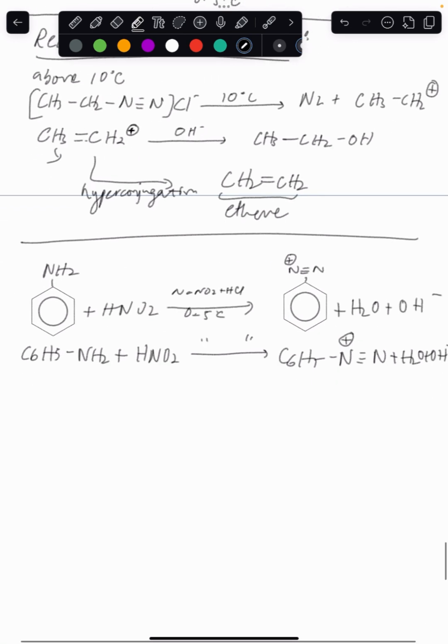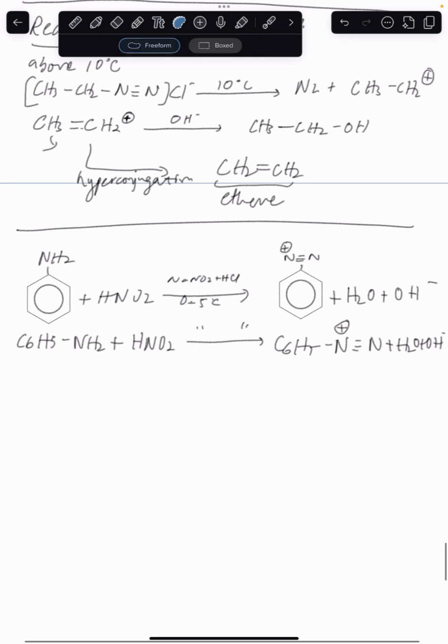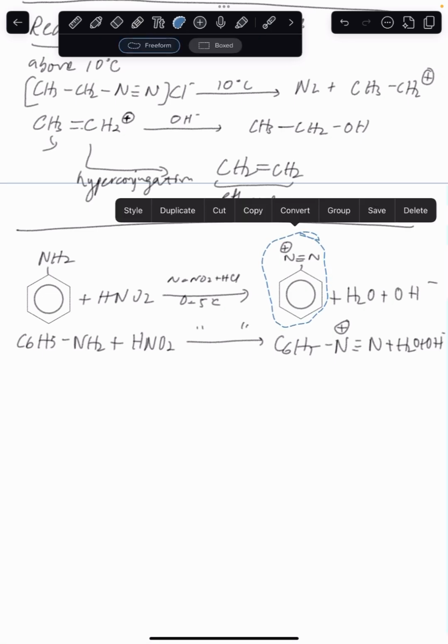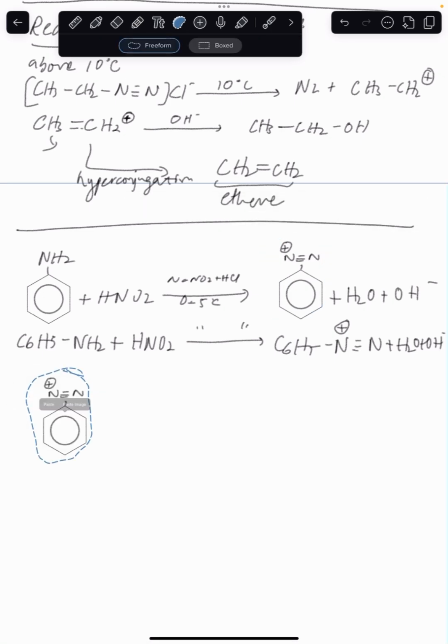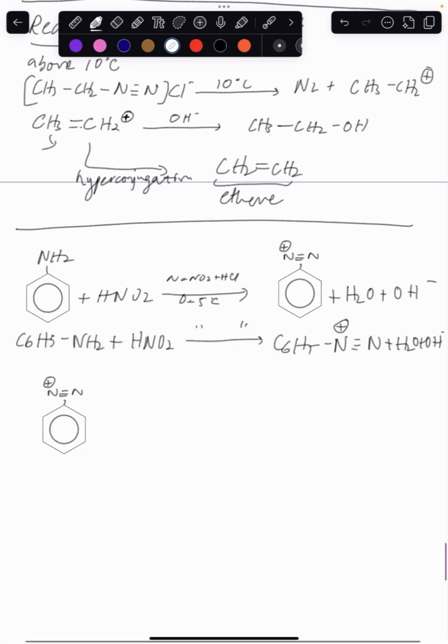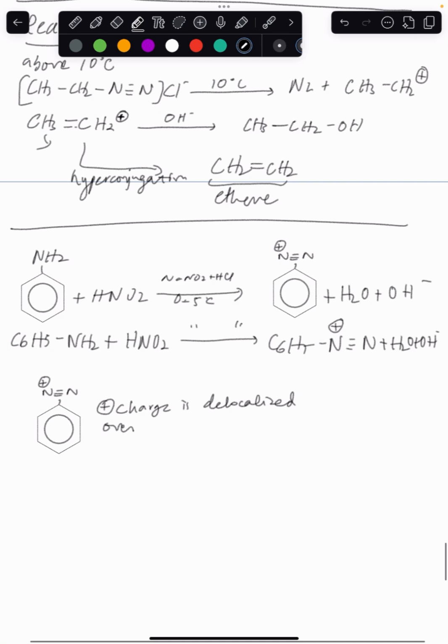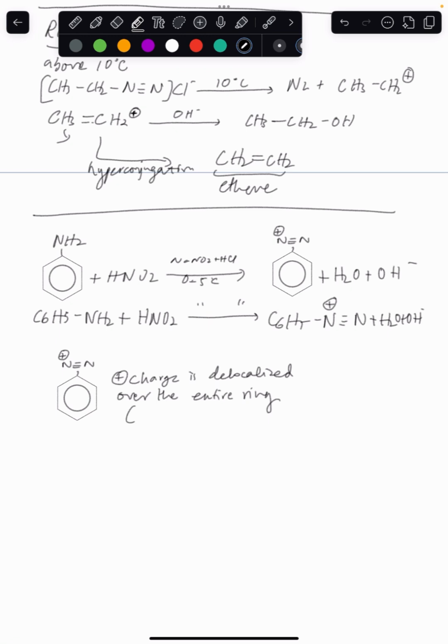Now the reason I've written it like this is because if we see this over here, the positive charge is delocalized over the entire ring, meaning conjugation is occurring also.